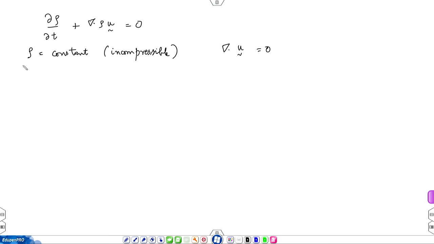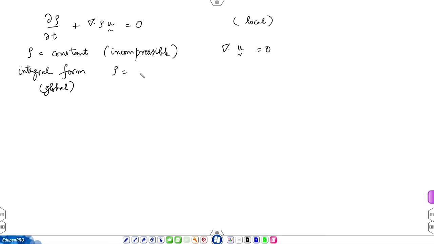So, looking at the integral form, here I write local, and integral form is global. So, we wrote it in the previous slide.